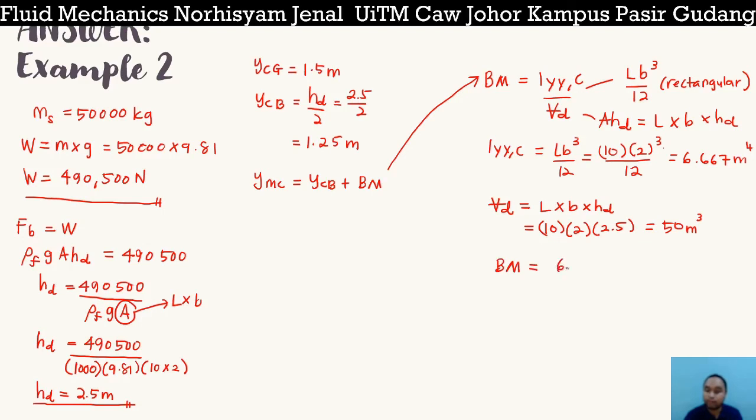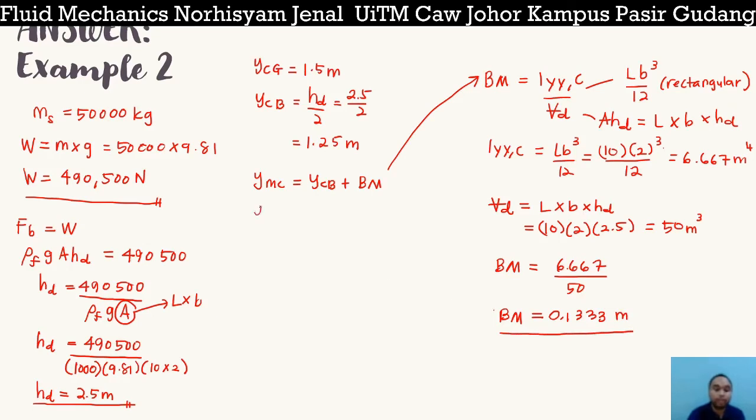Your calculation for BM will be Iyc, which is 6.667 meter to the power of 4 divided by 50 meter cube. So the BM for this question is 0.1333 meter. Okay, this is for BM.